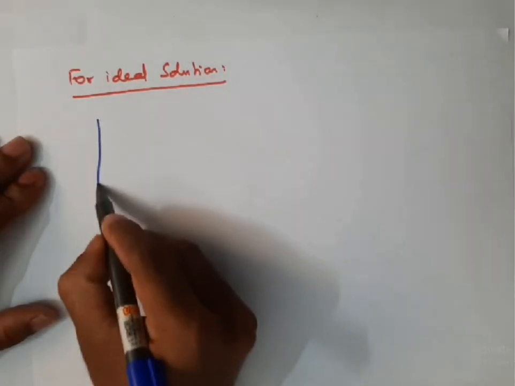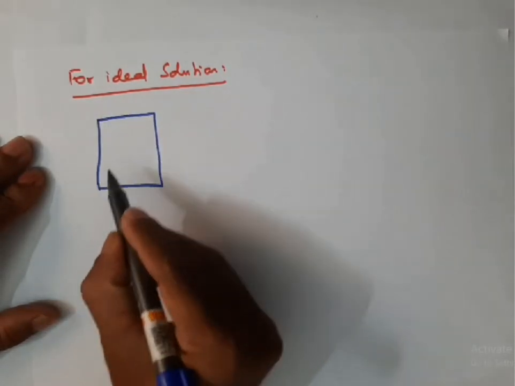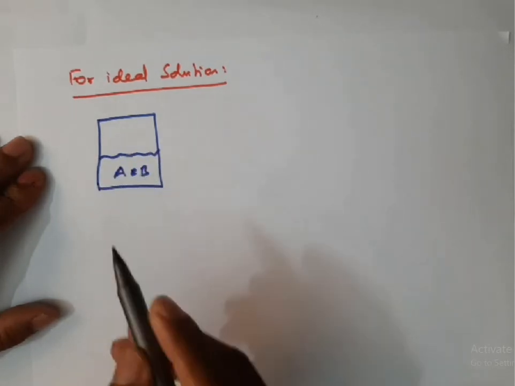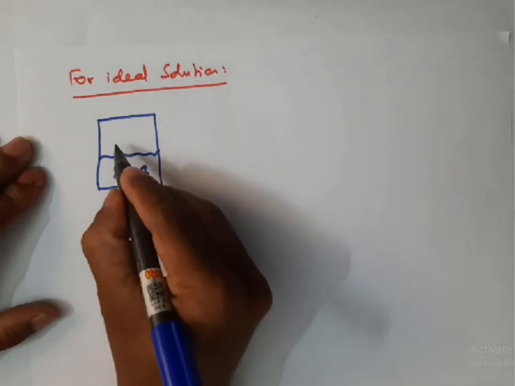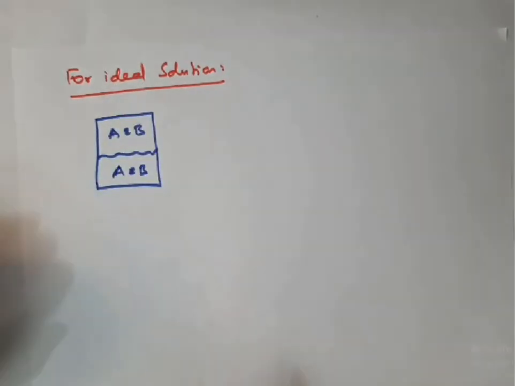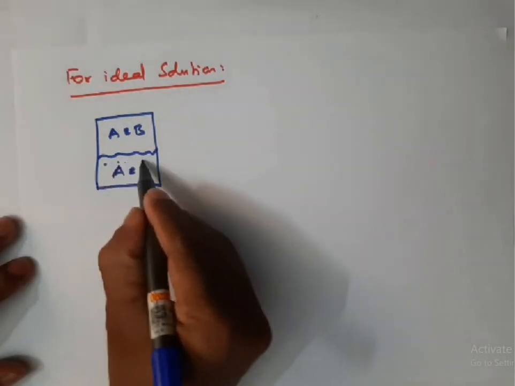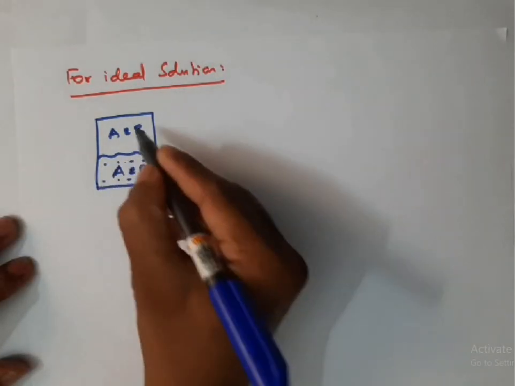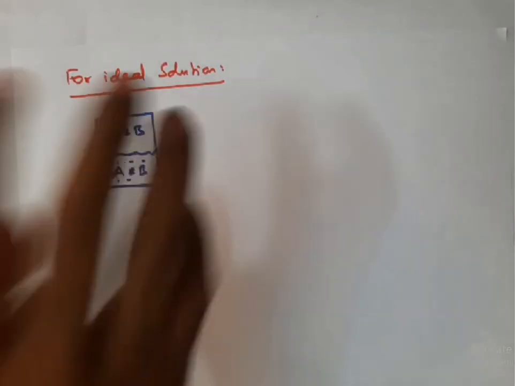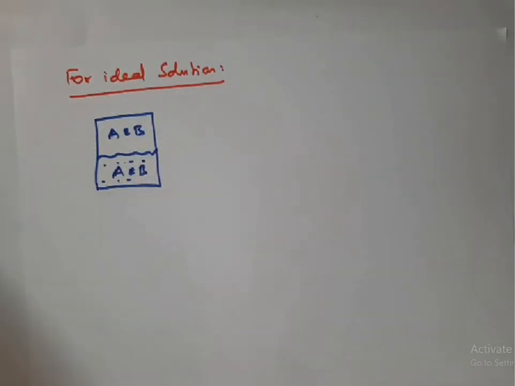See, I have a solution, an ideal solution containing two liquids A and B. The two liquids evaporate, so I have components A and B in vapor phase also. So this is the solution phase, liquid phase, and this is the vapor phase. So we have A, B in liquid phase as well as in vapor phase, because both are volatile.